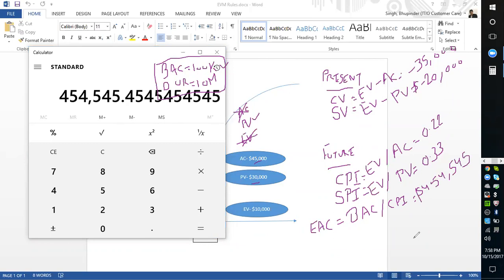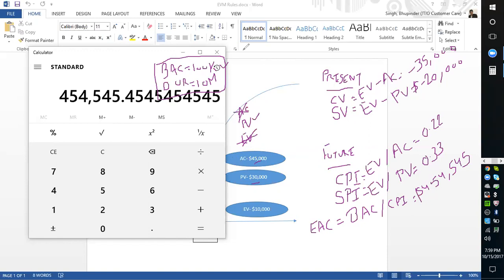I initially anticipated $100,000, but if I continue with the same speed, I would end up spending $454,545, which is more than 4 times. Very bad. This indicates that a present negative value and an index less than 1 is bad. That means you are behind schedule or overspent. Now, this is how we have revalidated it.